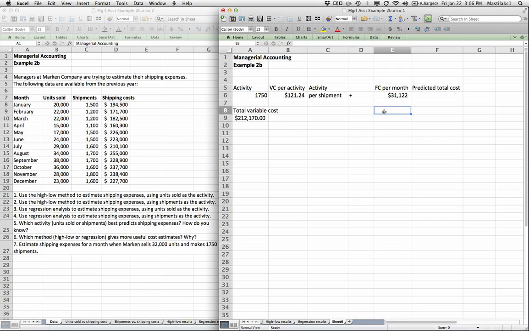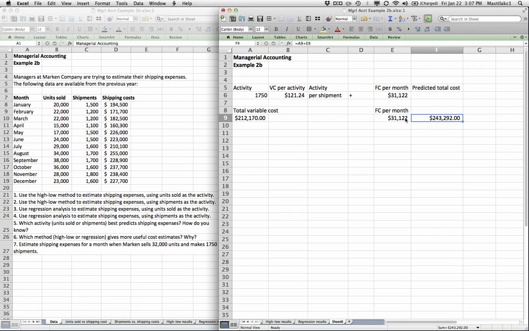My fixed cost is going to be 31,122, and my predicted total cost is going to be the sum of these, or about $243,292.